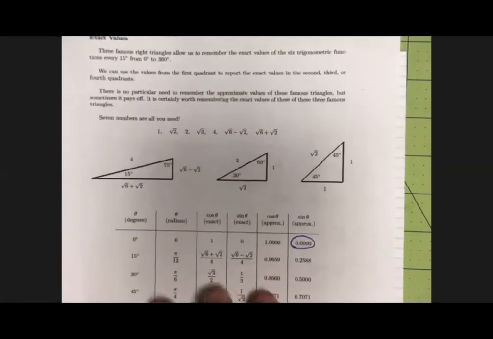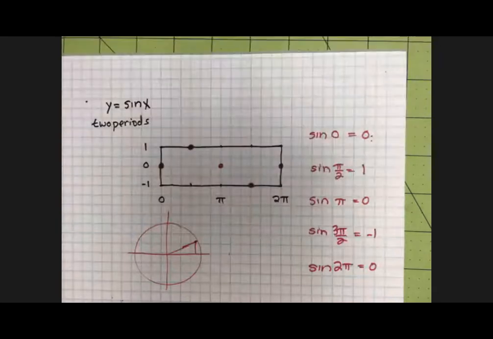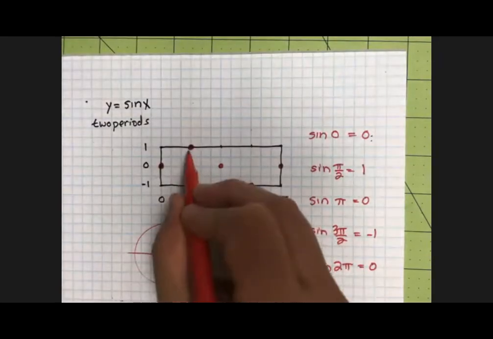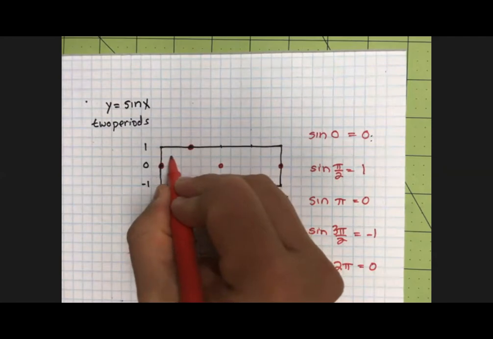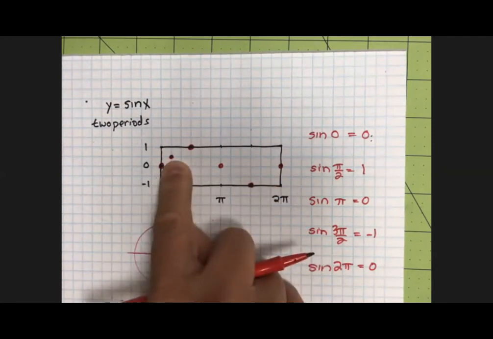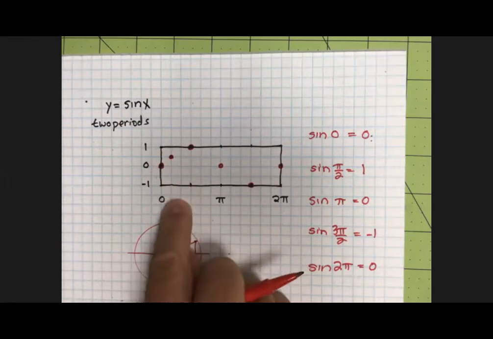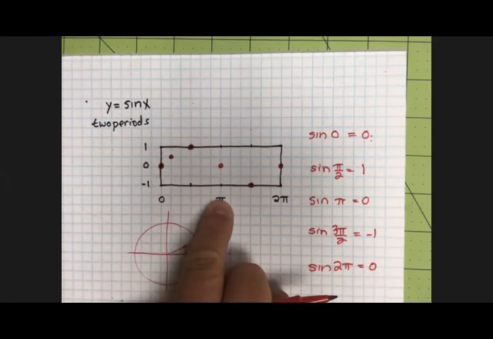This exact value chart is kind of useful. So here's pi over 2 at 1, but I've cut pi over 2 into 3 pieces. Here's pi over 6. I need a value of 1/2 at pi over 6. This mark right here is pi over 6, 1/6 of the way to pi.